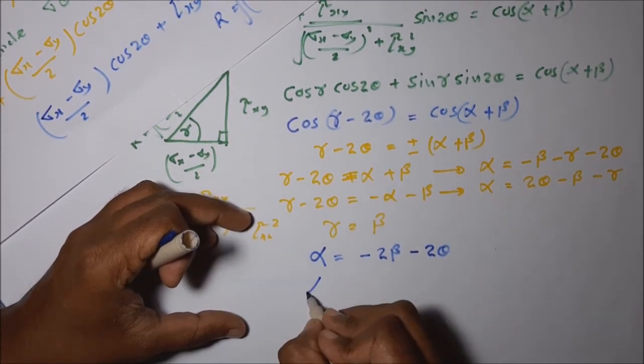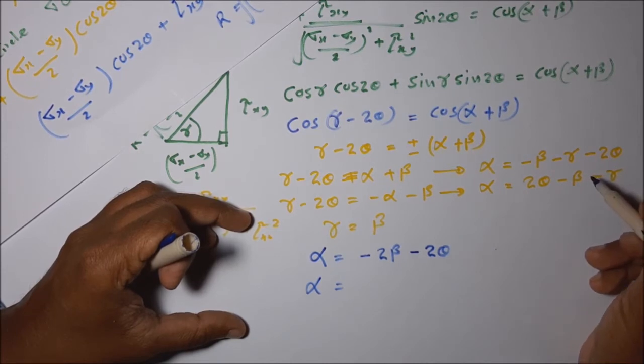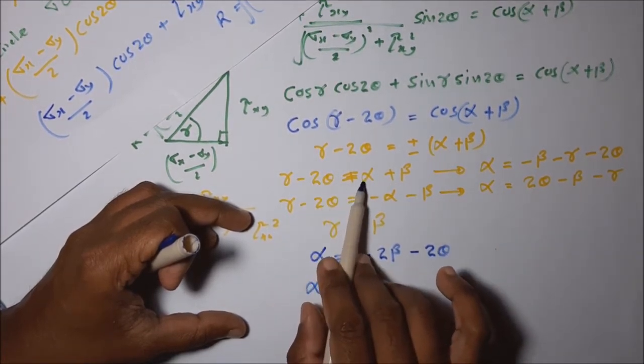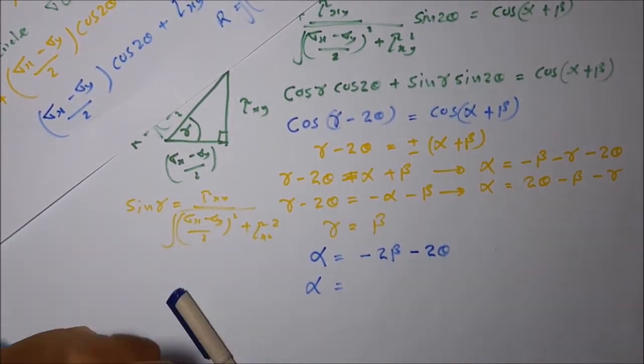For the alpha we are getting the second value. Sorry, here it is plus, no? This one should be plus.